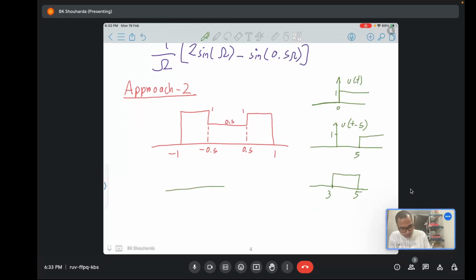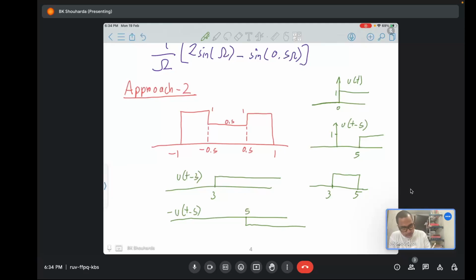How will I make it using unit step? You have one unit step that starts at 3 and goes like this. That's u of t minus 3, and then we have to stop it at 5. So that means we have to add another unit step, which, let me say, has a negative sign and starts at 5.